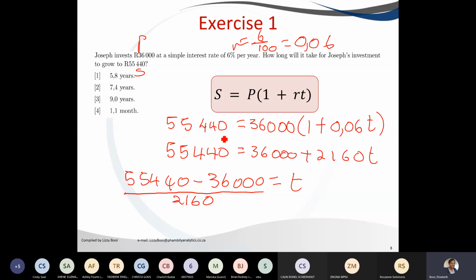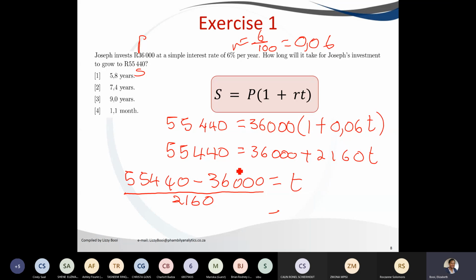Because 36,000 is positive, we move it to this side and it becomes negative 36,000. And since 2,160 is multiplying with T, we need to divide by 2,160, and that's why we are dividing by it.